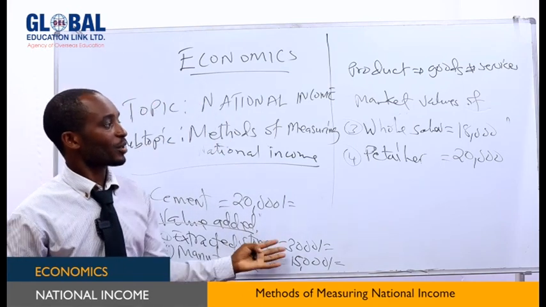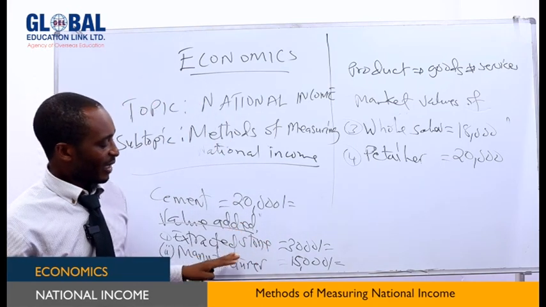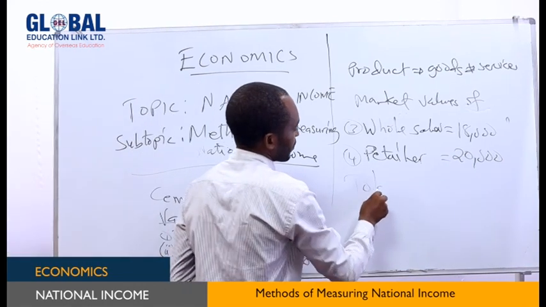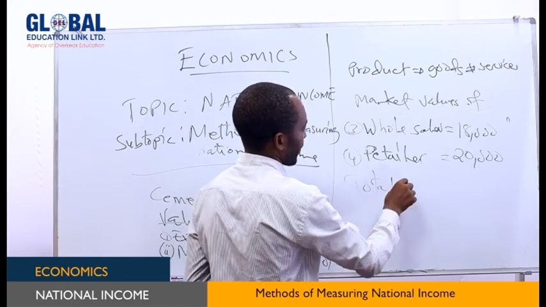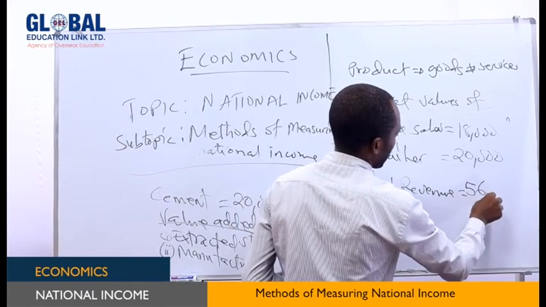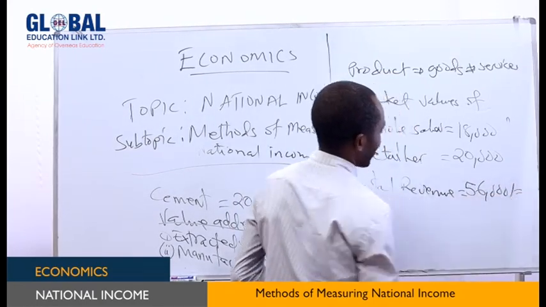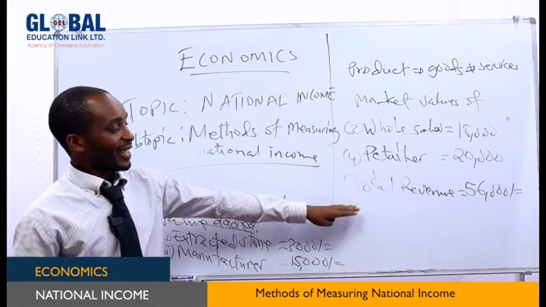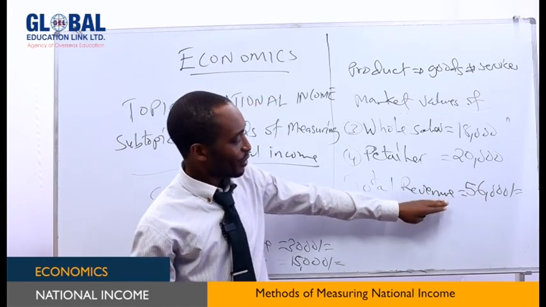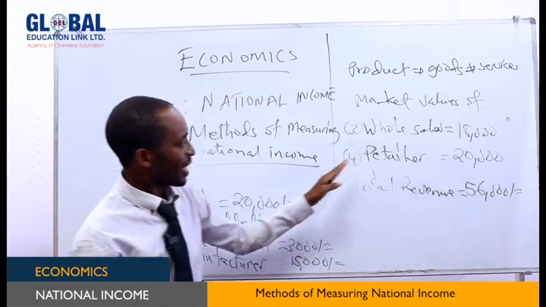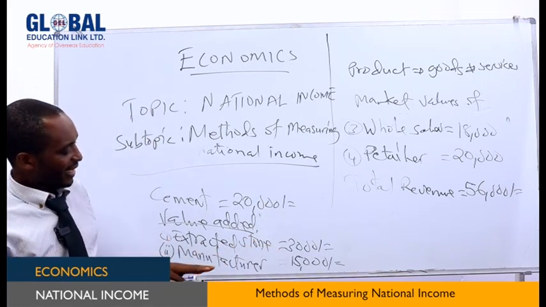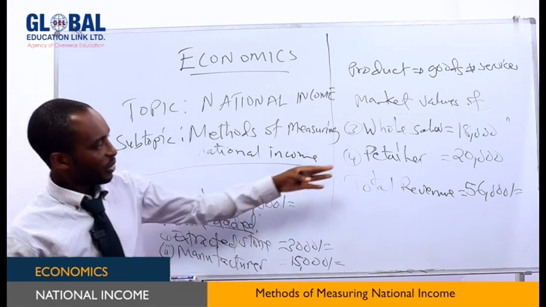So when you take the total income or revenue generated by each person, the total revenue will be equal to 56,000. Now this will not equal the national income, since you double counted the stones which are produced by person 1 and used by persons 2, 3, and 4.